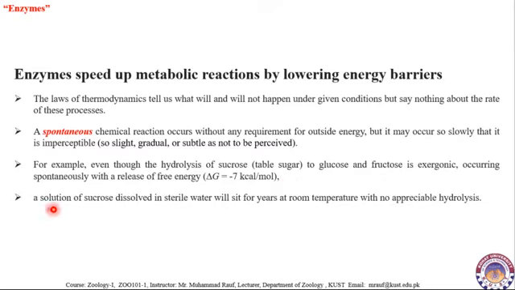Now, a solution of sucrose dissolved in sterile water, clean water, will sit for years at room temperature with no appreciable hydrolysis. So the sugar will not dissolve in sterile water placed at room temperature.